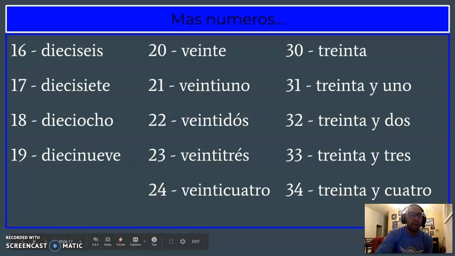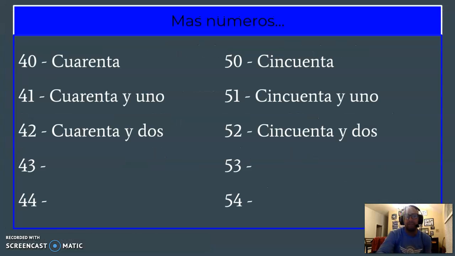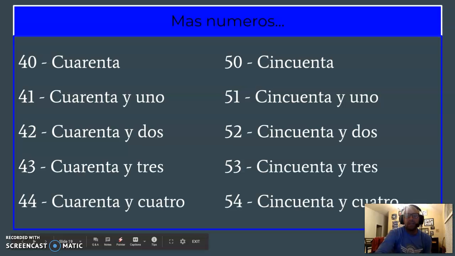But obviously we have more than that when we tell time. So we're going to need 40 and 50. 40 is 40. So then 41, 42, 43, 44. Right? 50 is 50. 51, 52, 53, 54, 55, 56, 57, 58, 59.